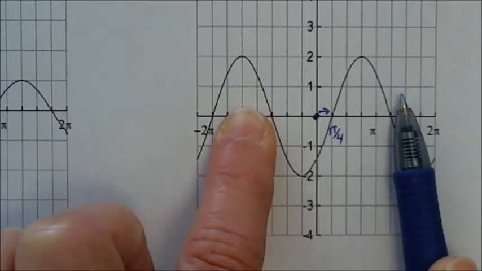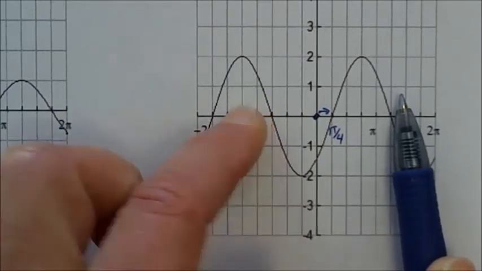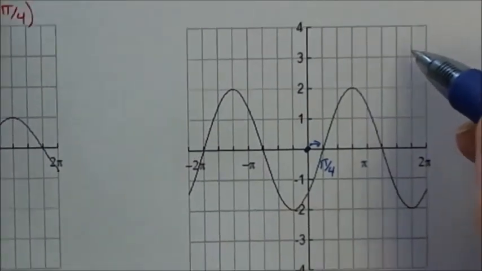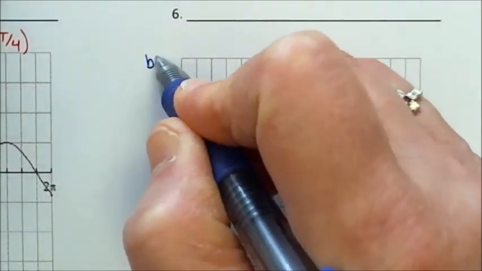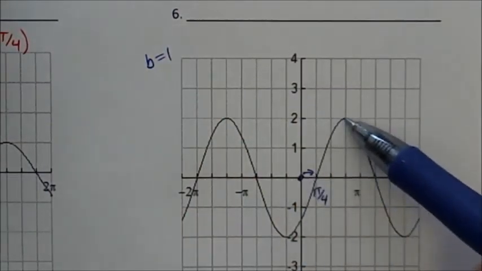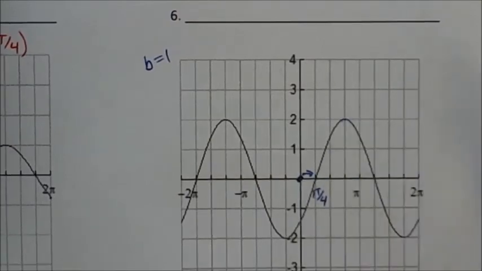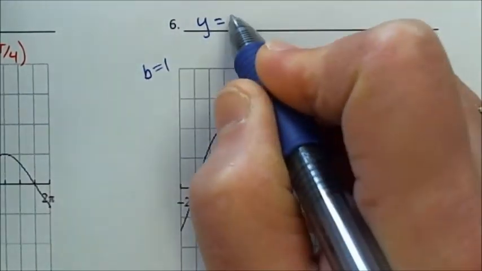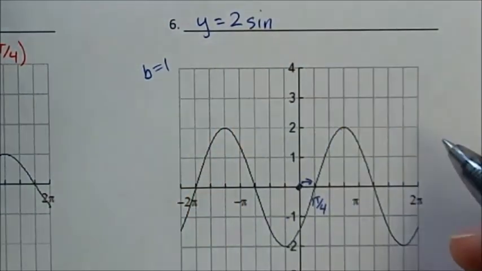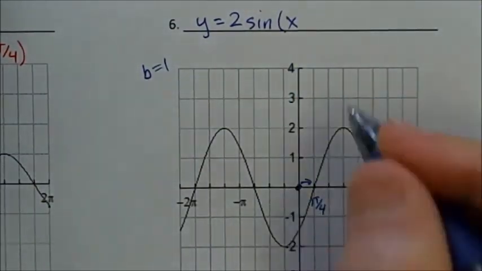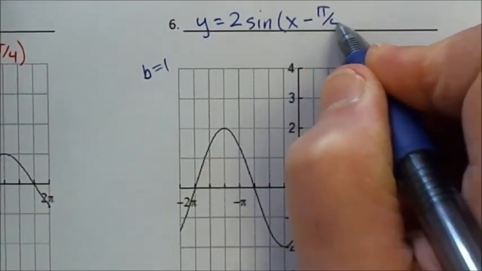So we have one complete sine curve from 0 to 2 pi, so our b value is 1. And how high are we getting? Our maximum is 2. So this would be y equals 2 sine, b value was 1, x, and our shift was to the right, so minus pi over 4.